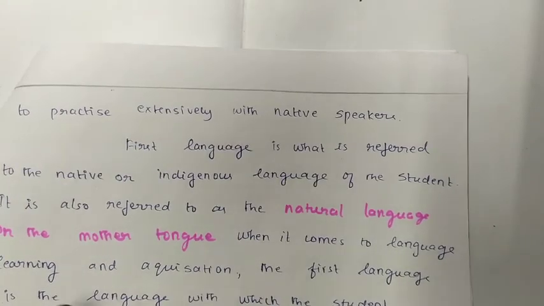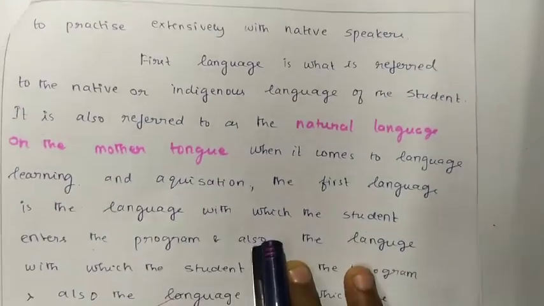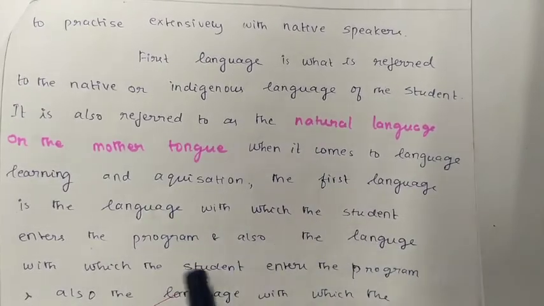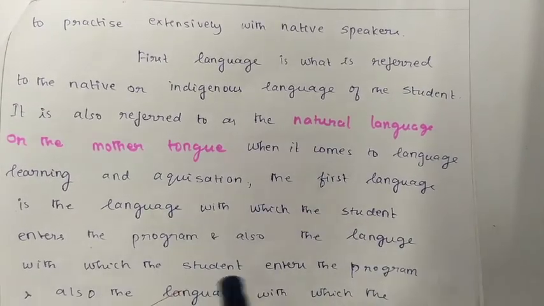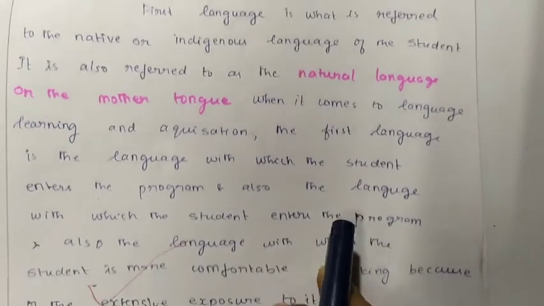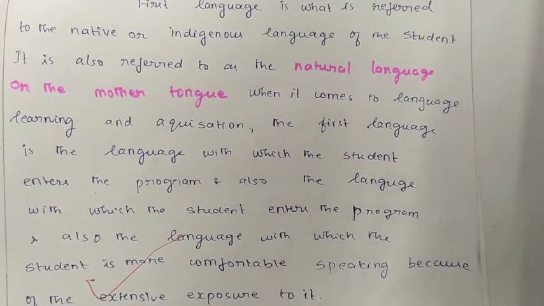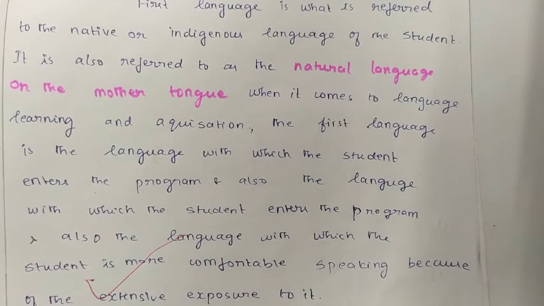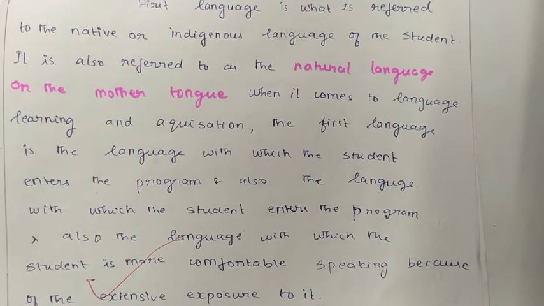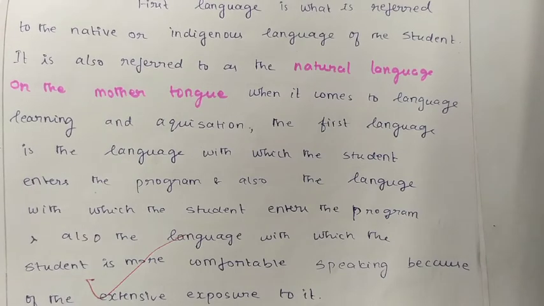When it comes to language learning and acquisition, first language is the language with which the student enters the program, and the language with which the student is more comfortable speaking because of the extensive exposure to it. Already the student has the most exposure to the first language. Okay, so the students need to complete the first language.